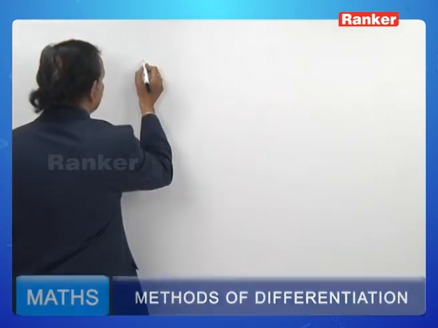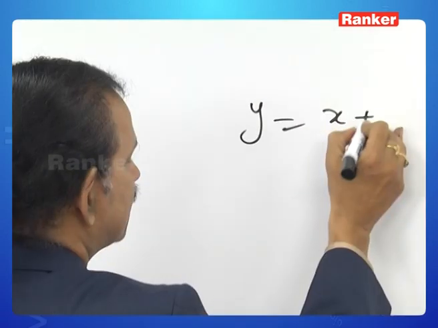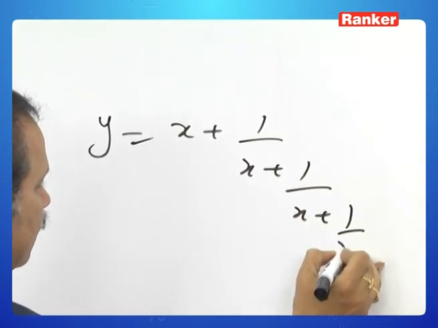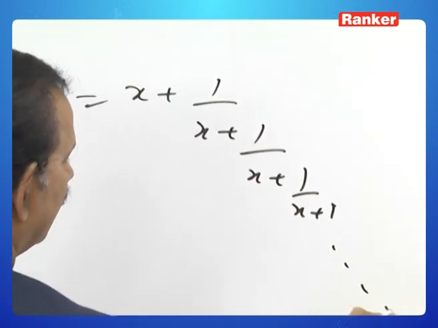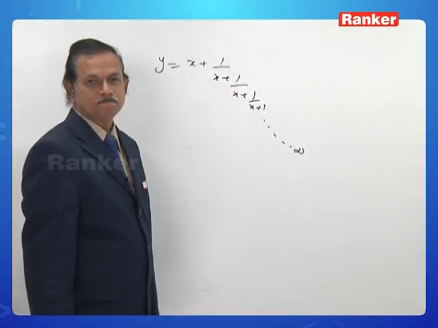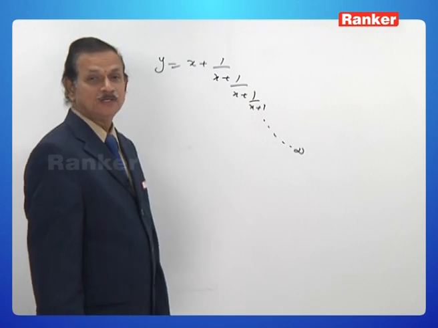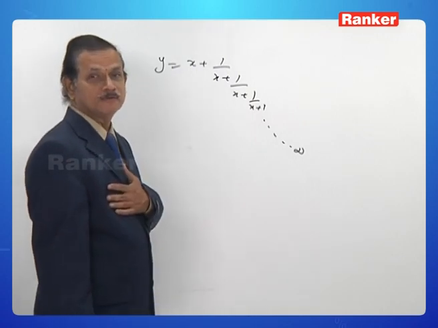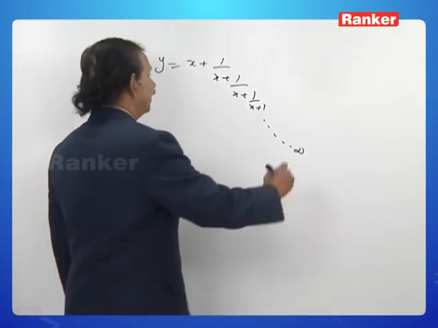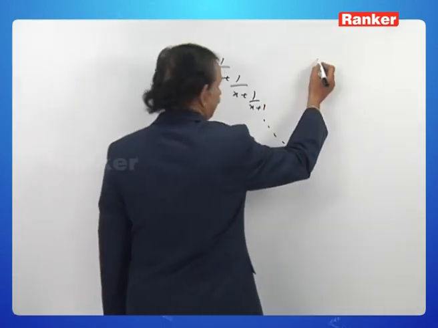Next one. Y is equal to x plus 1 by x plus 1 by x plus 1 by x plus 1 by etc. In this case, what do you do? I want dy by dx. It's very simple. It is of course a continued fraction which can be extended so many number of times.